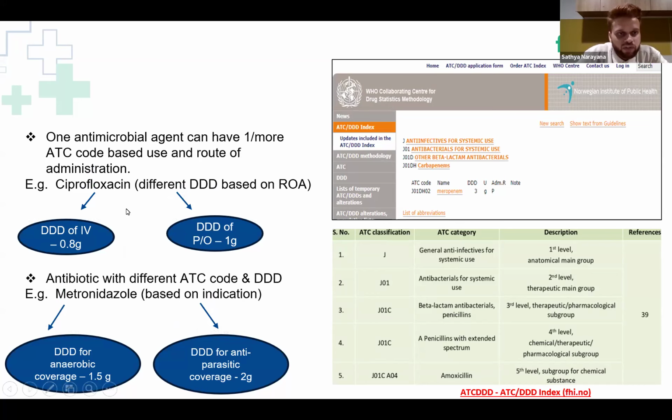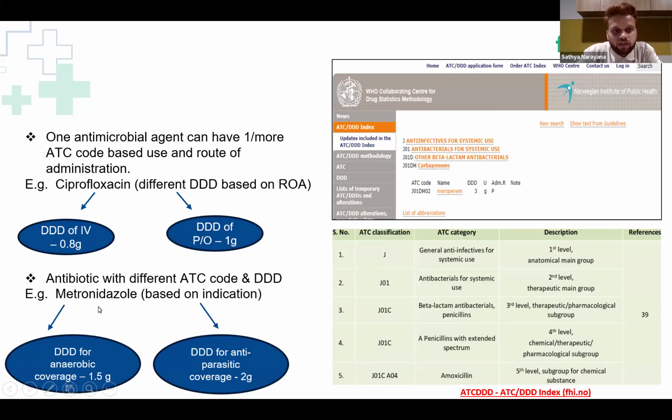For example, we can make it very clear with ciprofloxacin. When we are dealing with IV, the DDD of ciprofloxacin given intravenously would be 0.8 grams. But when we are going ahead with the peroral choice, then the DDD proposed by WHO would be 1 gram. So this way it differs based upon route of administration.